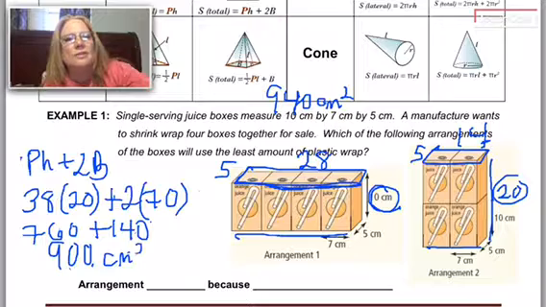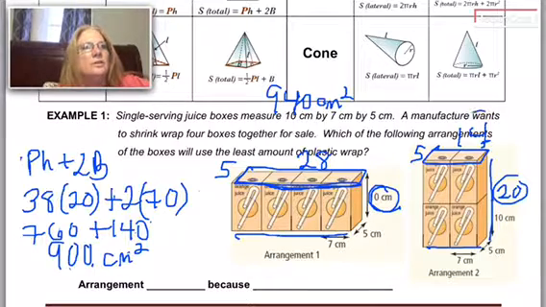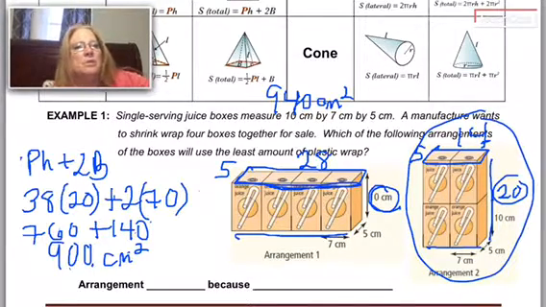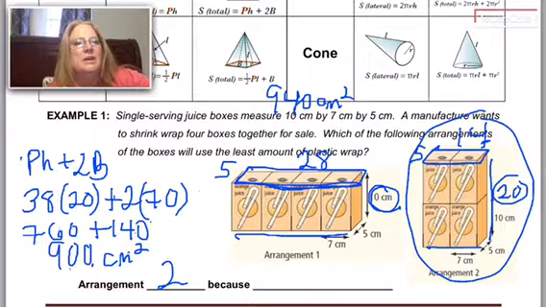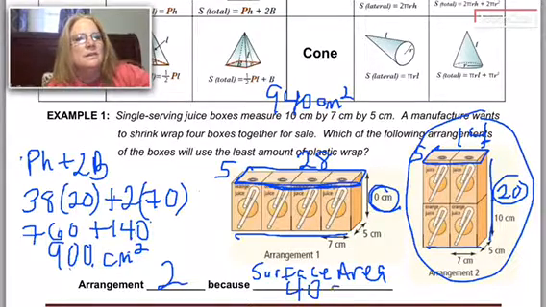And so if you look and see which would be the better arrangement, arrangement 2, this one, is the better one, because the surface area is 40 centimeters squared less.